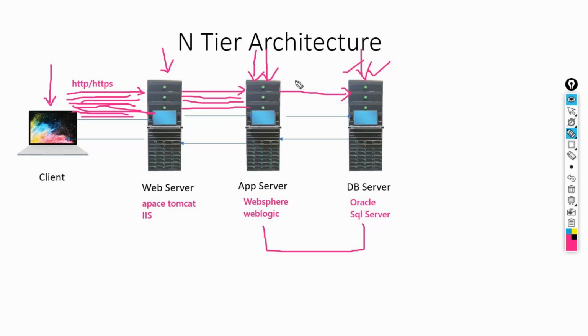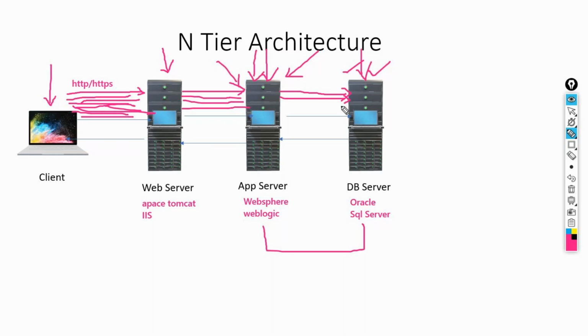Why? Because the developer has written so much code here, and whatever different logics there are will be executing. All those logics will be executed here in this application server. And to execute that logic, if it needs some data, it will contact the database server. Understood?